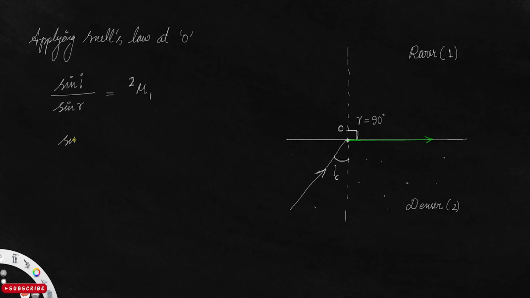Now we can substitute the value of IC instead of I. So I can write the angle of incidence, here it is IC, by sine R, which is 90, equal to, let's consider this as air for convenience. This is some other medium.